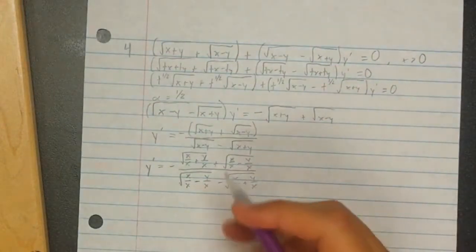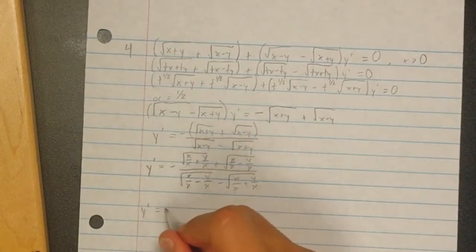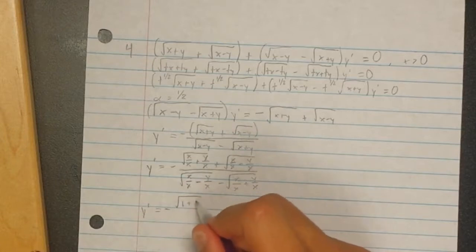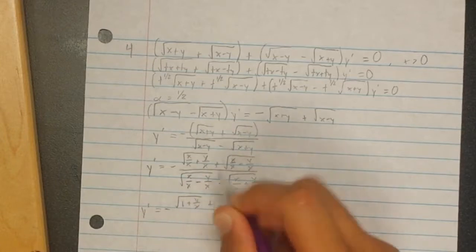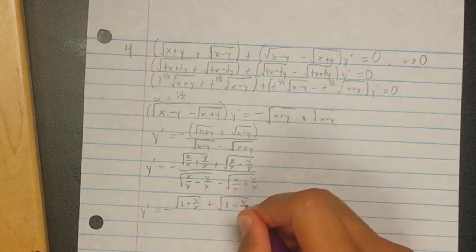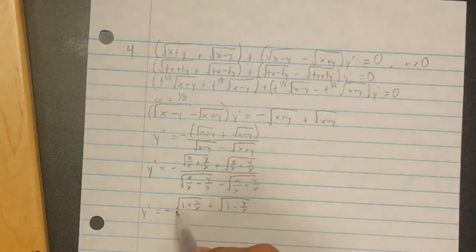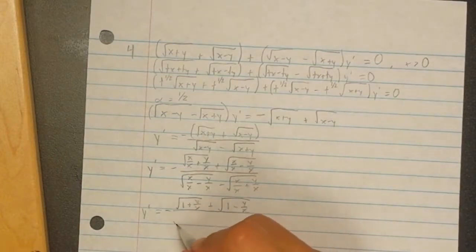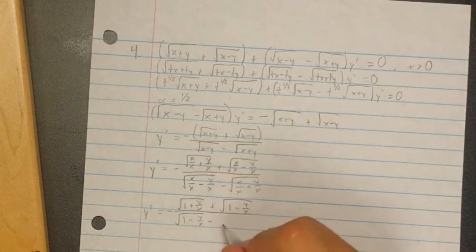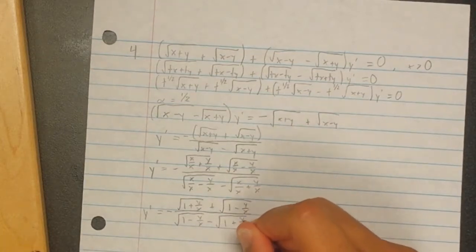Okay, so that simplifies to negative the square root of (1 + y/x) plus the square root of (1 − y/x), over the square root of (1 − y/x) minus the square root of (1 + y/x).